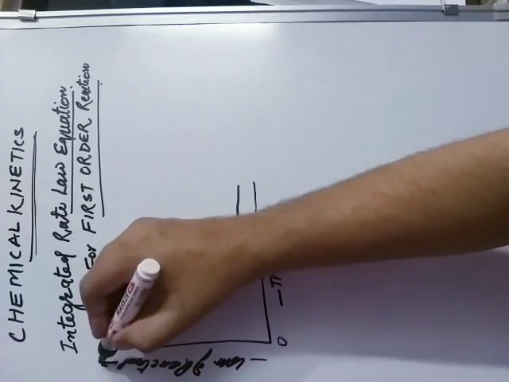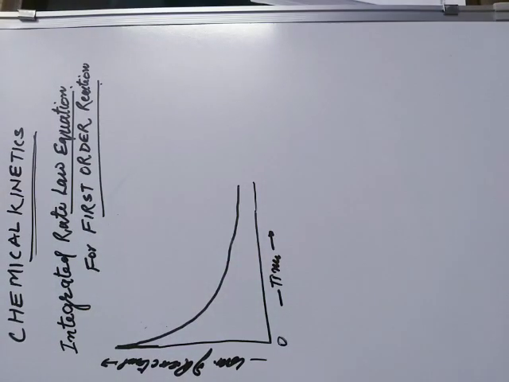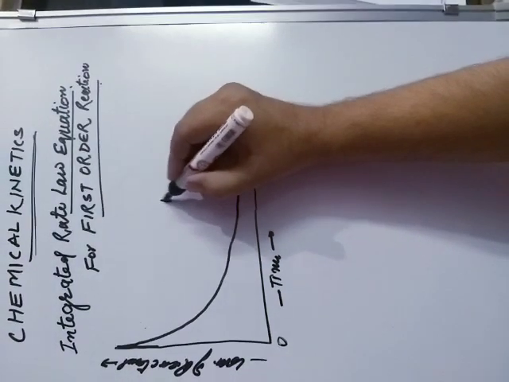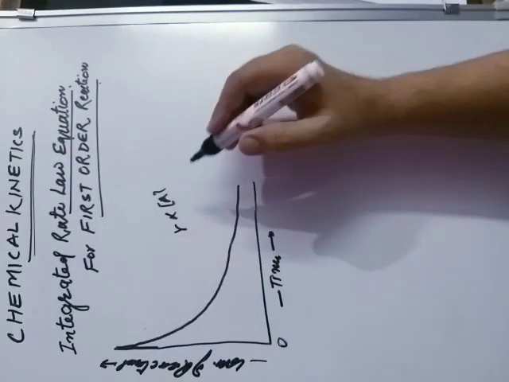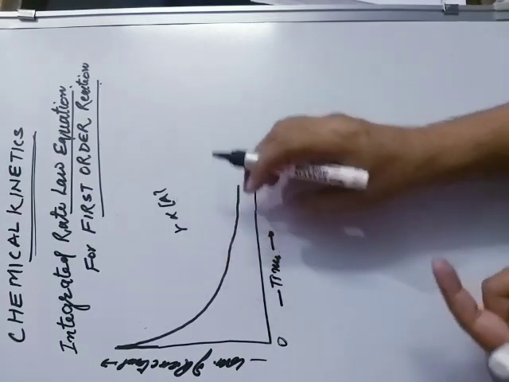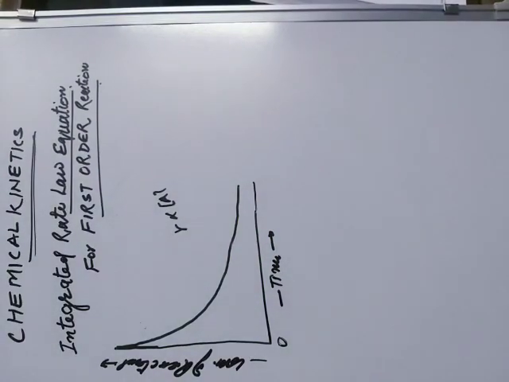That's why when 98%, 97% of the reaction is completed, we assume that the reaction is completed, because it will take infinite time. The concentration of reactant is directly proportional to the rate, so as the concentration of reactant decreases, the rate also decreases, and more time will be consumed.